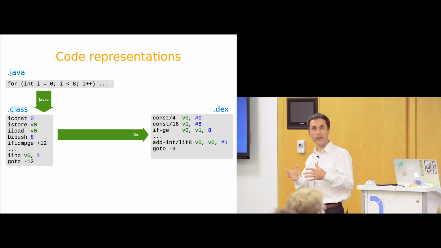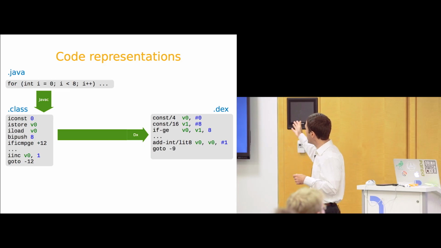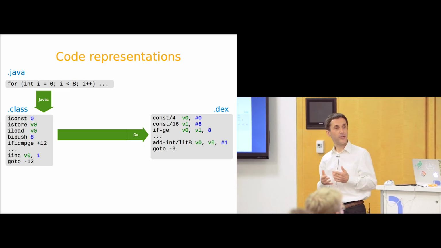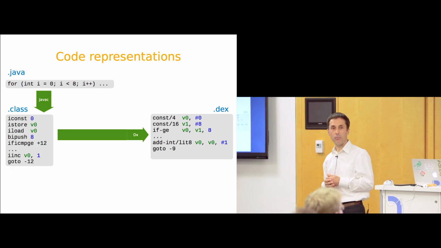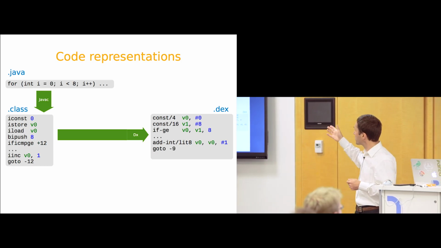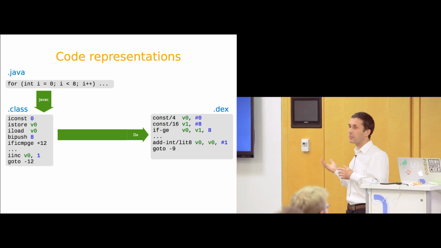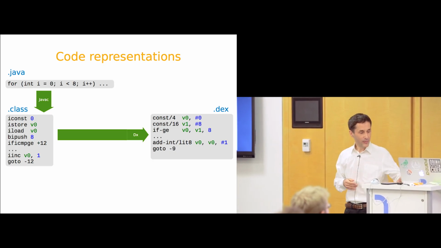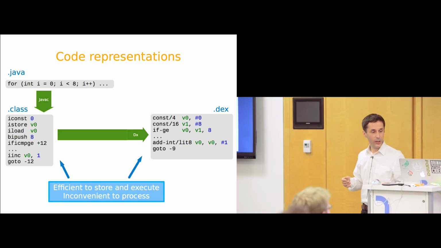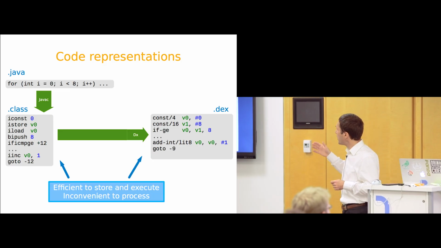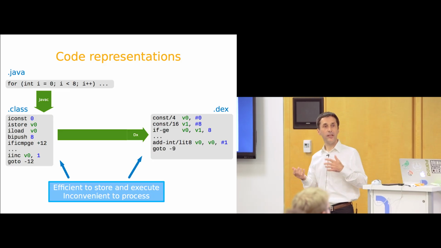Now, the DEX compiler traditionally compiles that straight to DEX, to classes.dex in your application, the Dalvik bytecode format. And that actually looks quite similar, and it has a similar feel to it, except that it is not stack-based, it's register-based. And if you look at those 2 formats, they are very similar, and they're efficient to store.